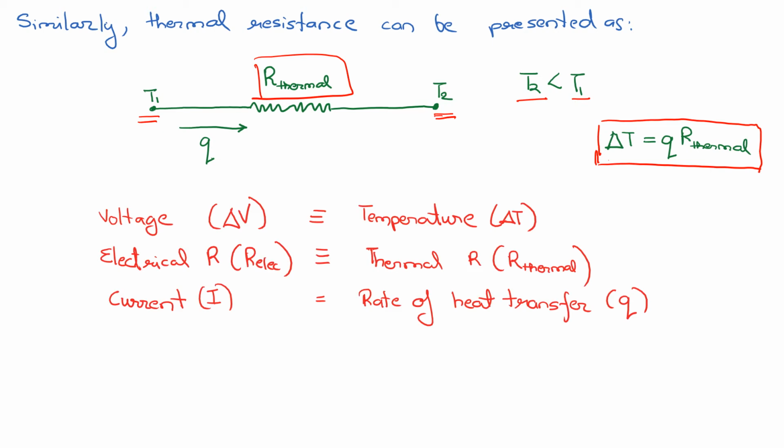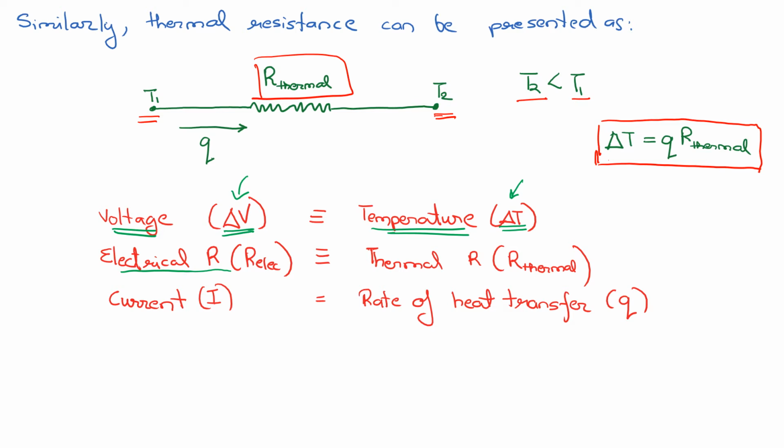Now this is analogous to the electrical circuits that we have, where your voltage is analogous to temperature. So your delta V is analogous to delta T. There you have a potential difference between two points, and here you have a temperature difference. And for currents, the current flows from a higher potential to a lower potential. Similarly, heat will flow from a higher temperature to a lower temperature.